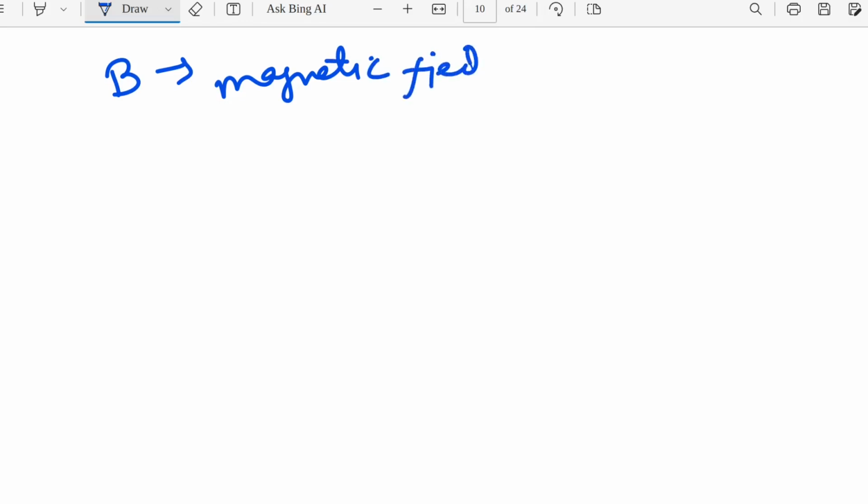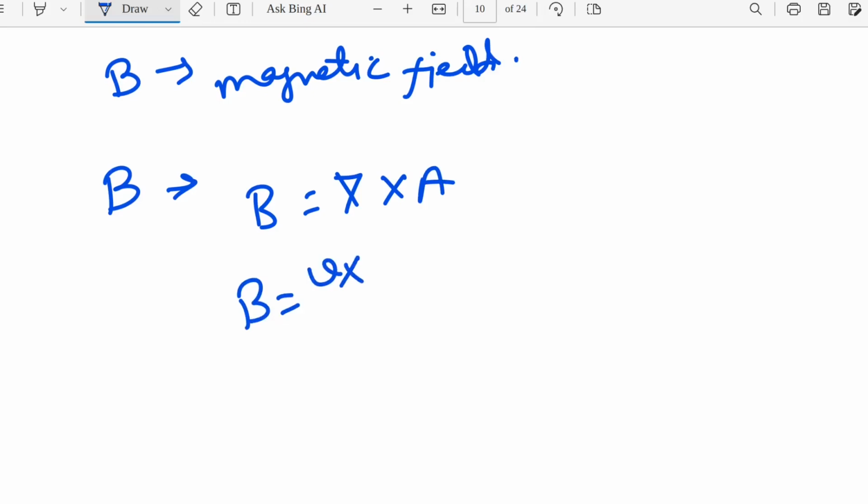Magnetic field. Previously, in the first question of today's session, I talked about how B can be written as curl of A, but we can also write B as V cross E by C. Or can B be written as V cross C by C?